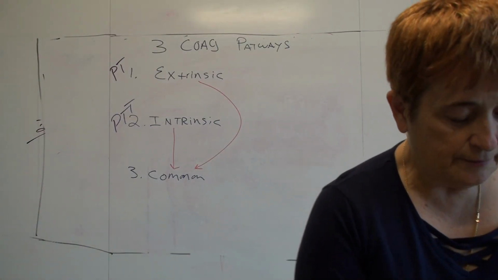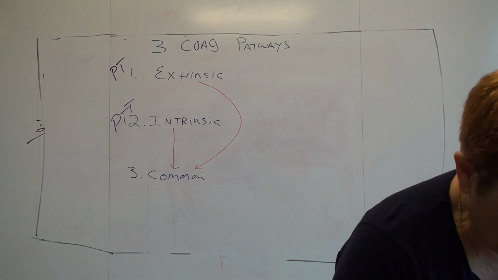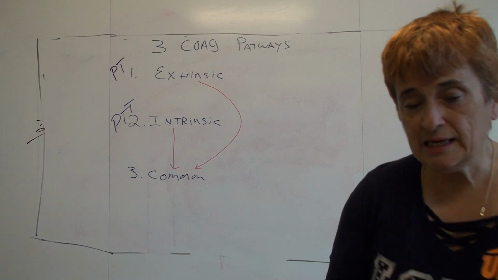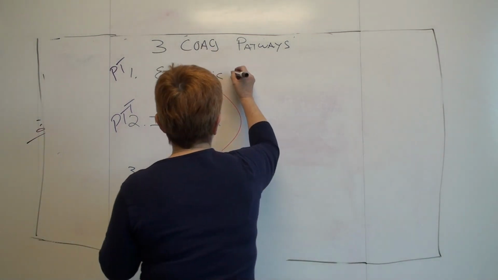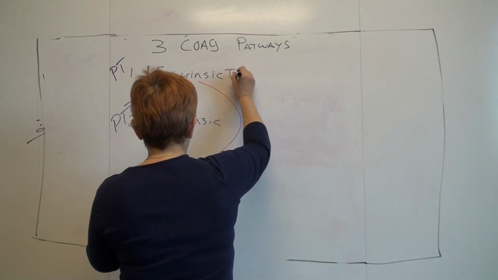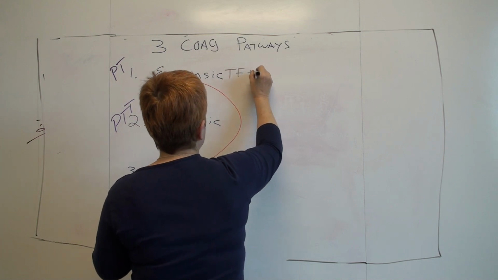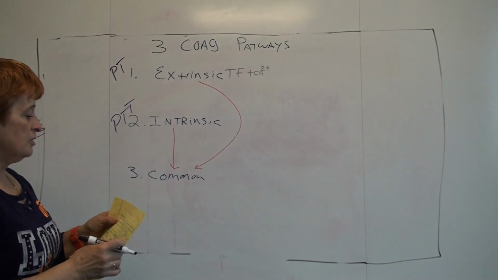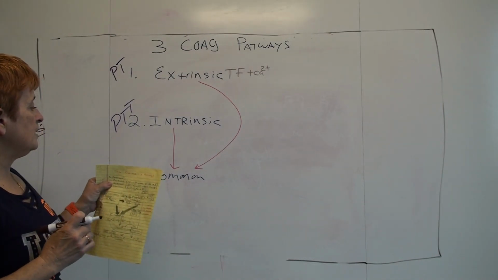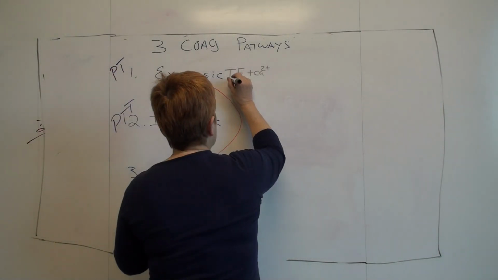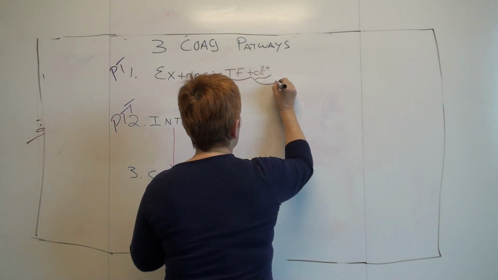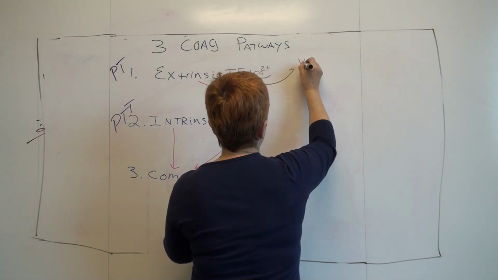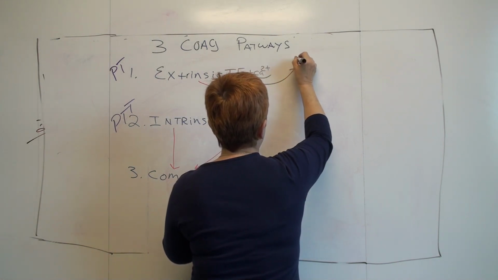Very, very easy. The extrinsic pathway begins with tissue factor. And I need calcium. So I'm going to begin extrinsic with the tissue factor and the calcium. These together are going to activate factor 7.